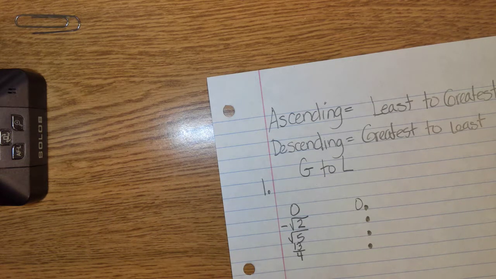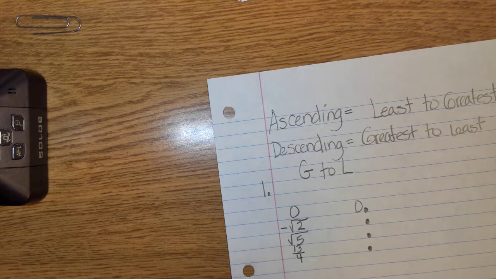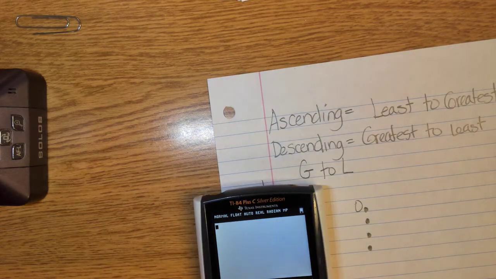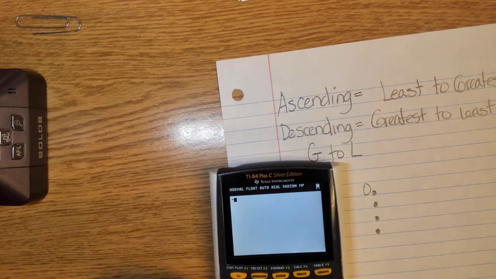Okay? All right. Now the negative square root of 2. So we need to get our calculators out. And we are going to put in the negative sign. Okay. And we are going to press second, square root, put 2 and hit enter.